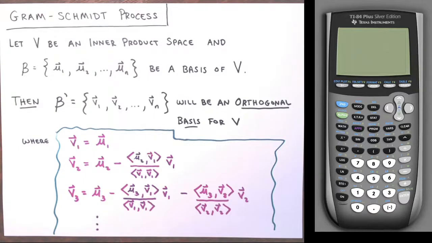And then v4, if I wrote it out, would be u4 minus the projection of u4 onto v1 minus the projection of u4 onto v2 minus the projection of u4 onto v3. And I would do something similar for u5, u6, if for some reason I had that many vectors.